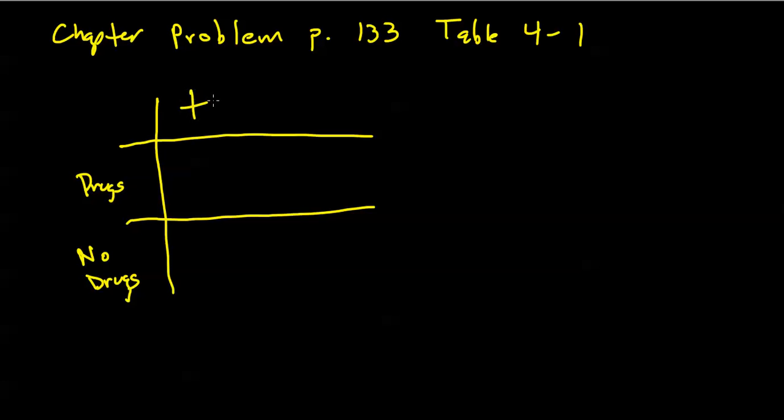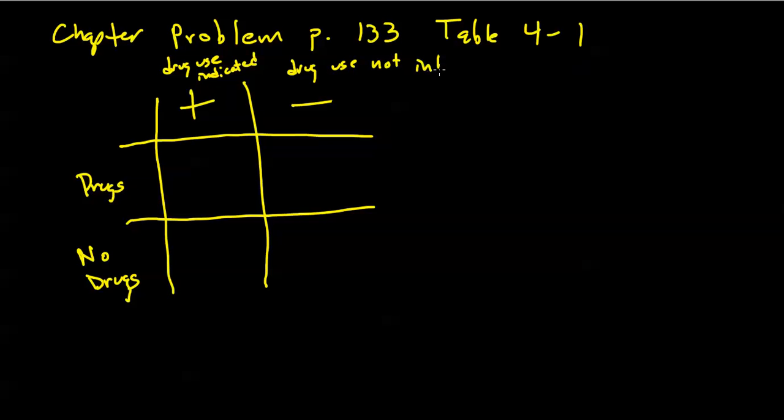Here there's a positive test, and by positive that means the machine said drug use was indicated. Let me write that down. Drug use indicated. And the negative sign at the head of this column indicates a negative test result, and of course that means drug use not indicated. Let me write that down. Drug use not indicated.